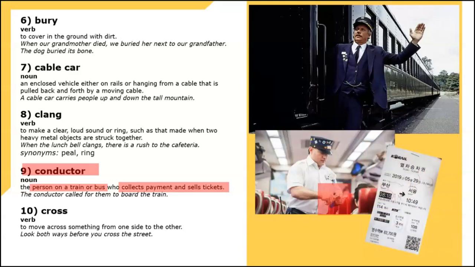The ticket says that it's okay for them to be on the train or the bus, that they already paid some money to get this ticket. So that means they can be on this train or on this bus. That is the job of the conductor.